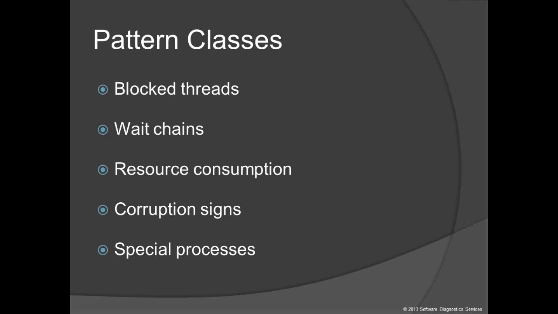Corruption signs can include heap and pool corruption, freeing the same memory twice, and special processes can include Windows reporting executables such as verfault, and so on to Dr. Watson for all the versions.